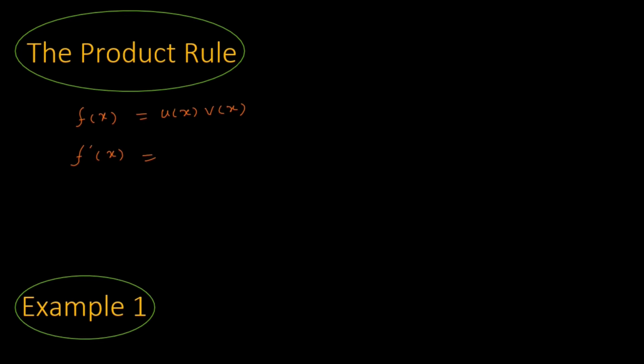The product rule is: you will write the first function as it is, and this is your second function. The first function as it is, u of x, times the derivative of the second function, v prime of x. In a similar way you will write plus v of x, the second function as it is, times the derivative of the first function, u prime of x.